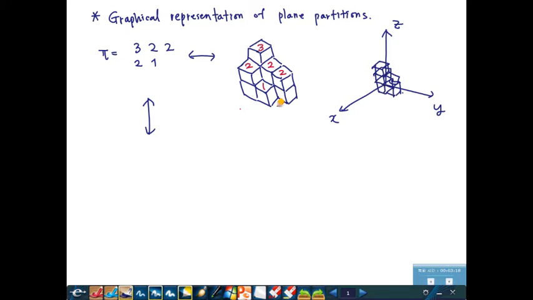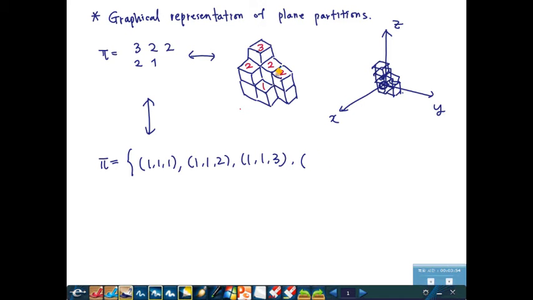Just give a coordinate to each box. So, for instance, this one will have coordinate 1, 1, 1. And this one will have coordinate 1, 1, 2. And this one at the top will have coordinate 1, 1, 3. So pi can be understood as a set of coordinates: 1, 1, 1; 1, 1, 2; 1, 1, 3 for these first 3 boxes in a stack.